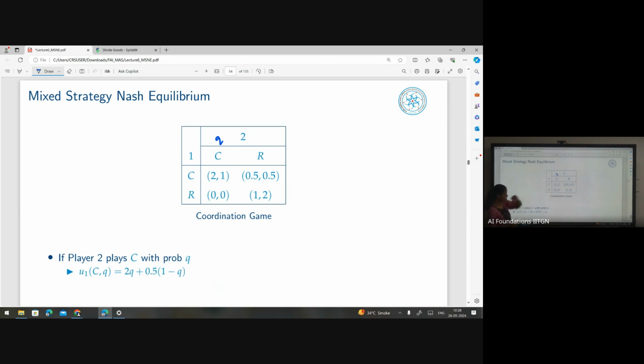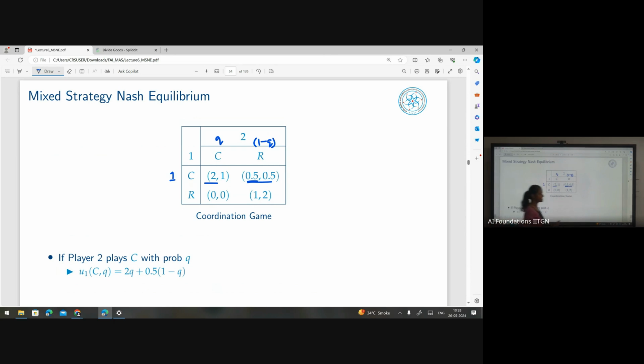Player 2 is randomizing with probability Q and 1 minus Q. Player 1 is fixing C, so it's playing C with probability 1. So it's going to get both these outcomes: 2 with probability Q and 0.5 with probability 1 minus Q. So that's what I have written.